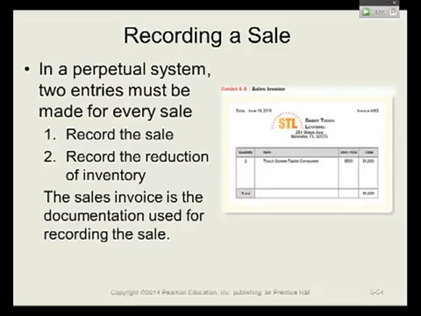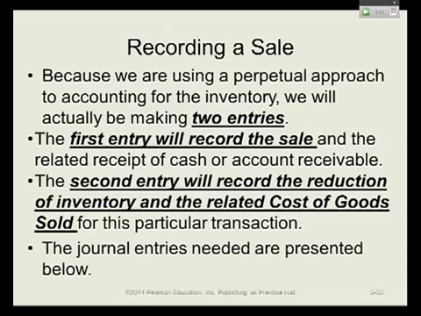So as you can see in summary on the next slide, the first entry records the sale. The second entry would record the inventory reduction and the cost of goods sold. So in a perpetual system, when you make these entries, you are able clearly to come up with the cost of goods sold and gross profit at that point in time.